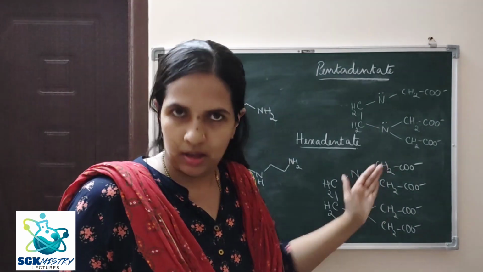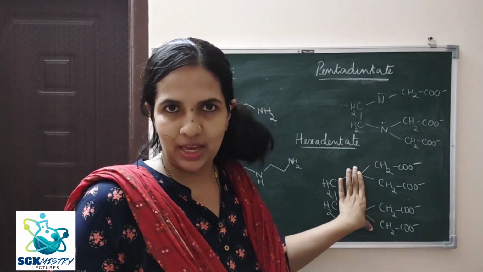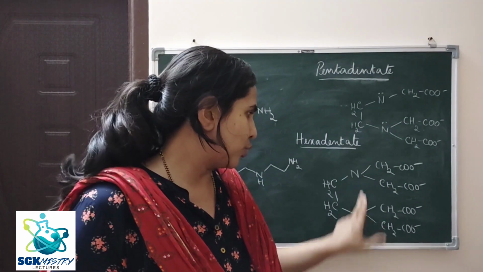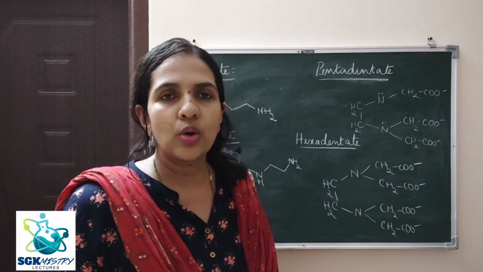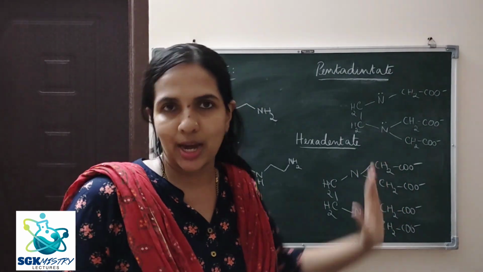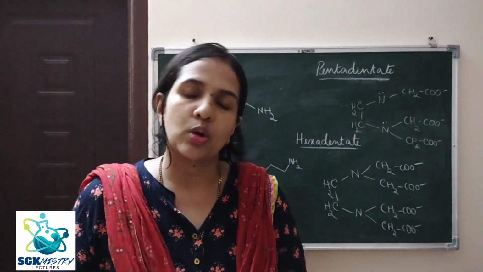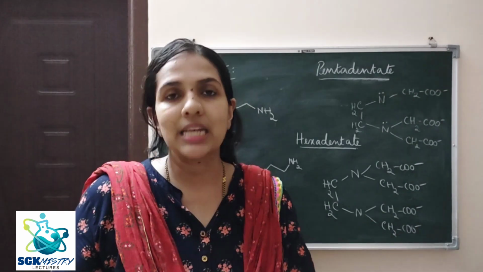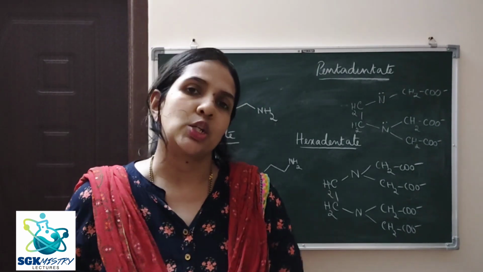Ethylene is this group, diamine, so we have this particular diamino group, and then tetraacetate. To each nitrogen you add 2 acetato groups. So we get this structure of ethylene diamine tetraacetate ion or acetato ligand. I hope it is clear about the classification of ligands.